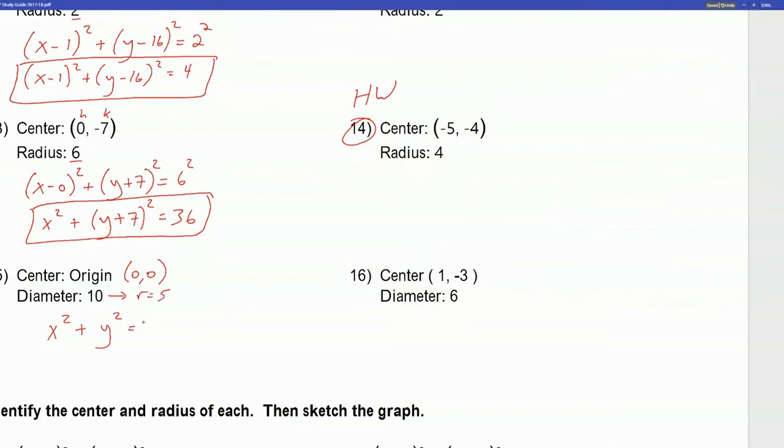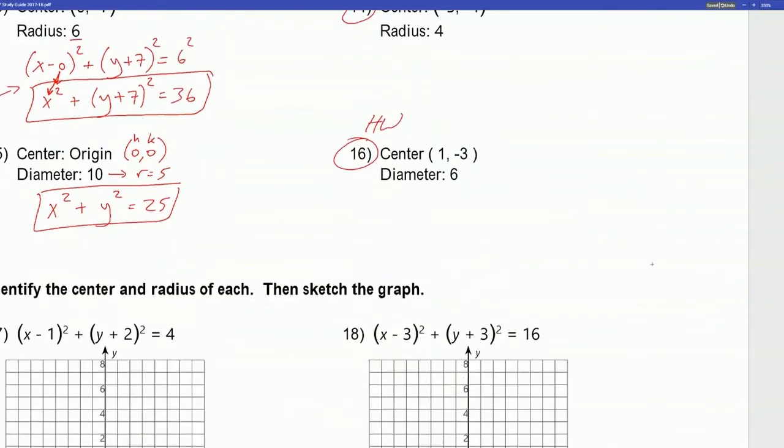And what's 5 squared? 25. Done. And again, why is there no parentheses with the x and the y? Because this happened. That 0, who cares, right? From up here, it's the same concept just for both the x and the y because your h and k are both 0. All right, number 16, that's for you.